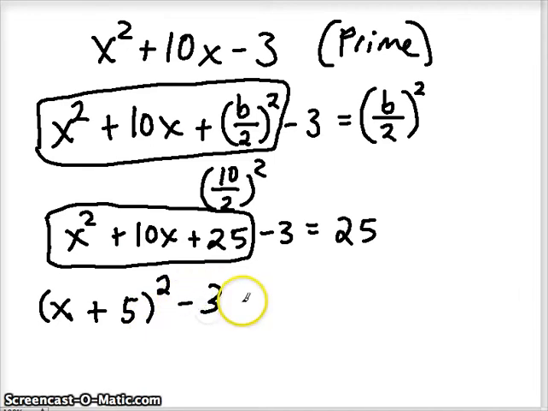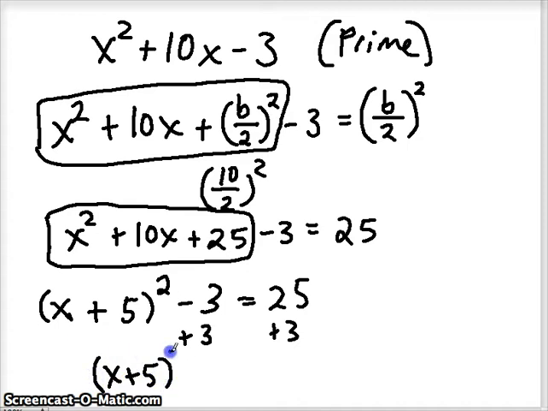We still have -3, and we still have it equaling 25. Well, if we add 3 to both sides, then we now have a binomial that we can square root, and we can get rid of the square, and we can solve for x to the first power.